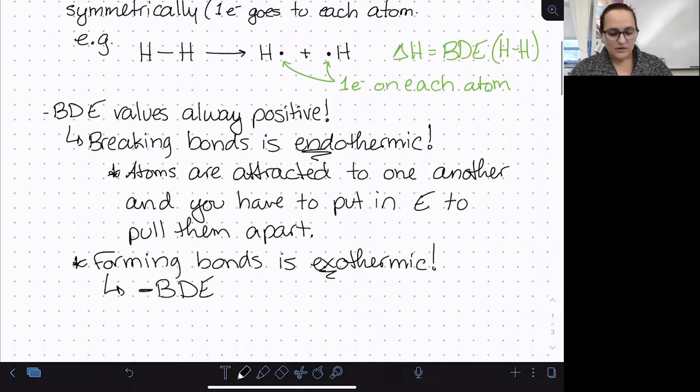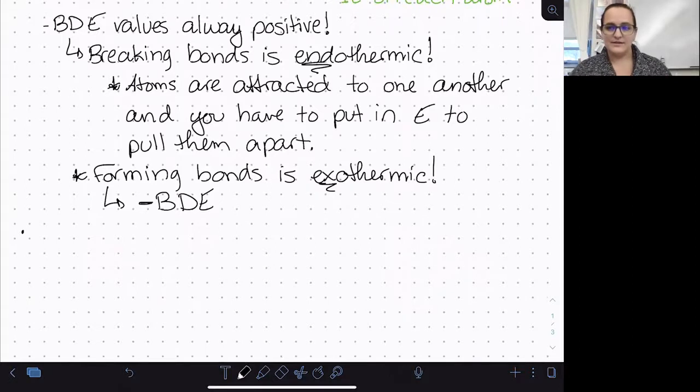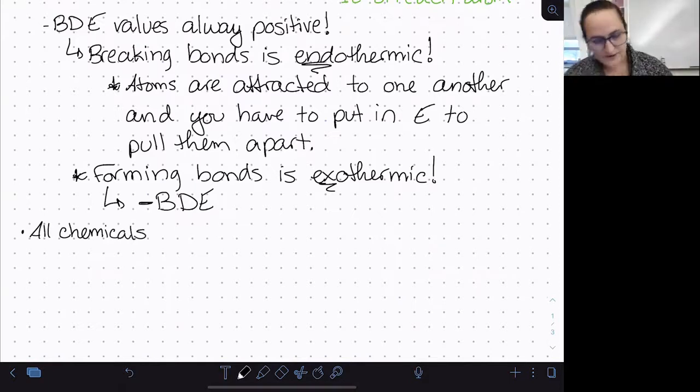So all chemical reactions can be thought of as breaking and forming bonds. Specifically, we are breaking apart our reactants, so we're breaking the bonds in our reactants, and we are shuffling atoms around and creating new bonds in our products. So we're forming new bonds in the products.